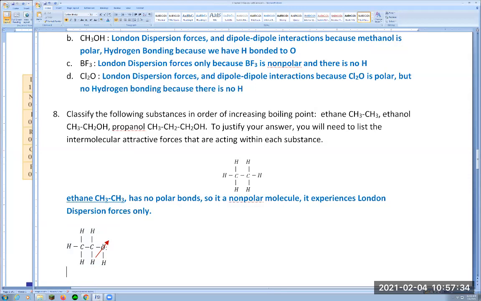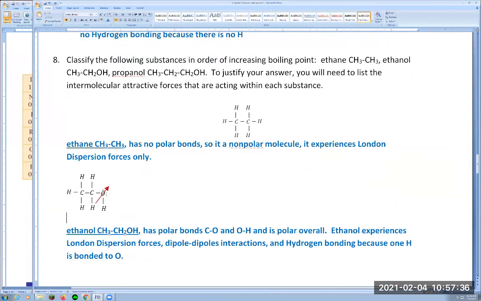So that means ethanol will experience London dispersion forces, dipole-dipole interactions, and hydrogen bonding because one H is bonded to oxygen. And that's thanks to this OH bond.